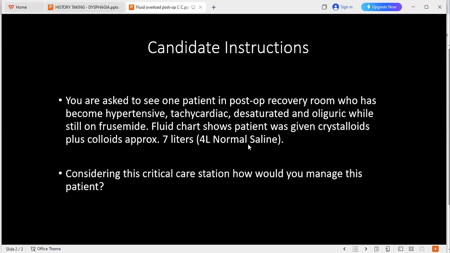If we go for maintenance fluid, then maybe we can give Hartmann solution because the patient has already taken 4 liters of normal saline. If we give more normal saline, the patient might have hypernatremic, hyperchloremic metabolic acidosis. To prevent that, we can give Hartmann because it has low sodium, low chloride, and also has potassium, bicarbonate and some lactate.